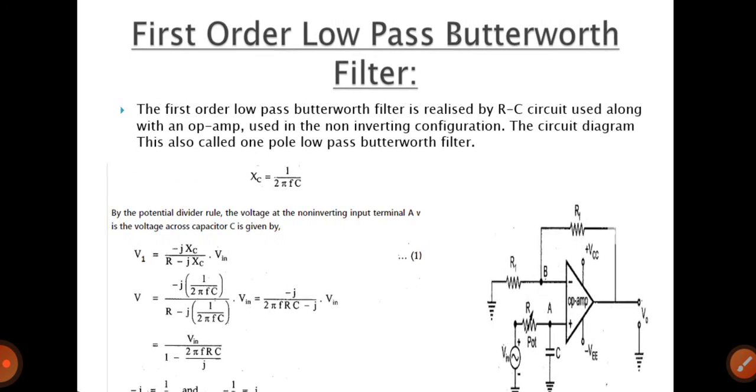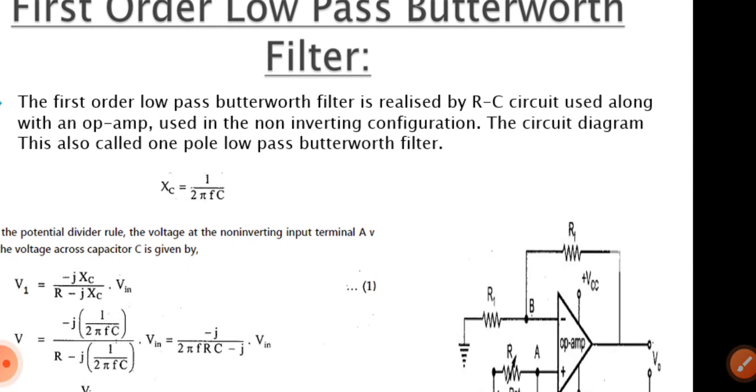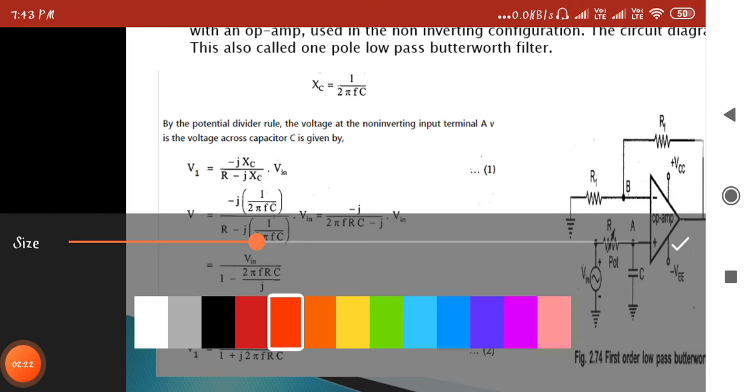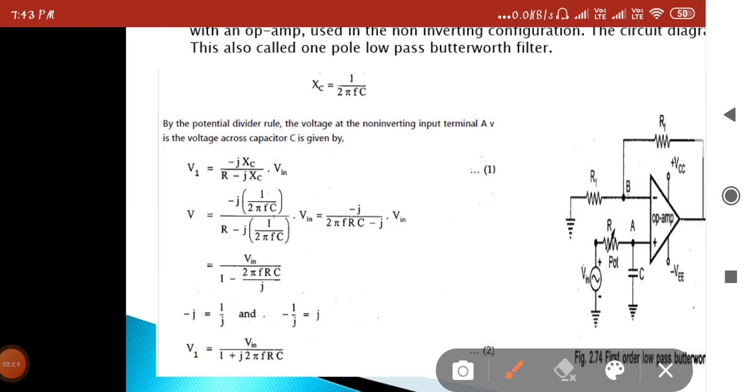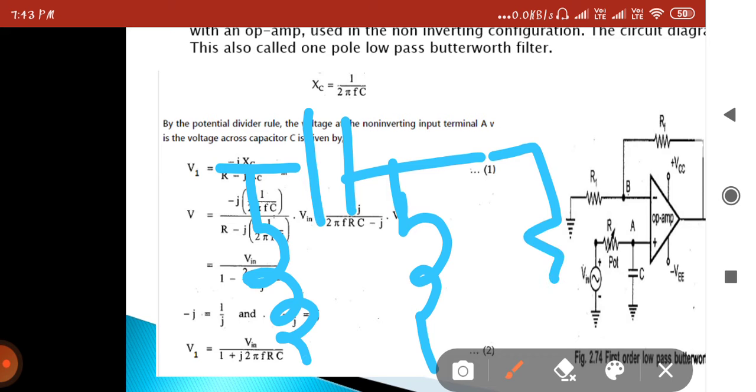The first order low pass Butterworth filter is realized using an RC circuit. A normal low pass filter can also use it like that. I'm not giving the exact values. This is a capacitor, this is an inductance, and this is a load resistance.